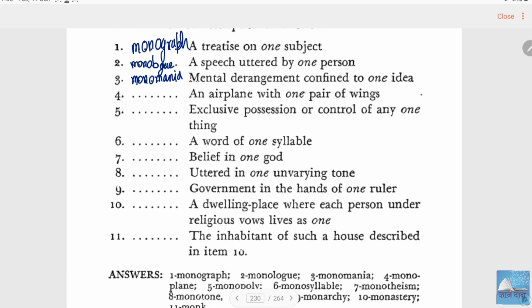An airplane with one pair of wings. Monoplane. Exclusive possession or control of any one thing. Monopoly. A word of one syllable. Monosyllable.